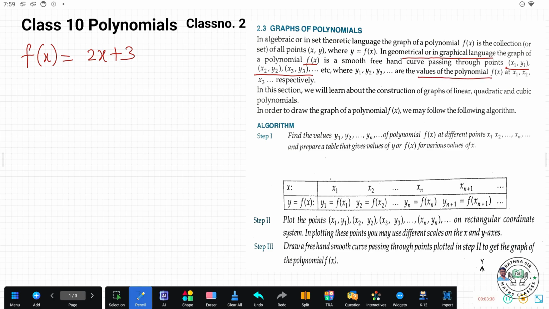Values of the polynomial, what is that? Suppose here we take x is equal to 1. So if we substitute 1 in the place of x, f of 1 is equal to 2 into 1 plus 3. 2 ones are 2 plus 3. That is nothing but equal to 5.